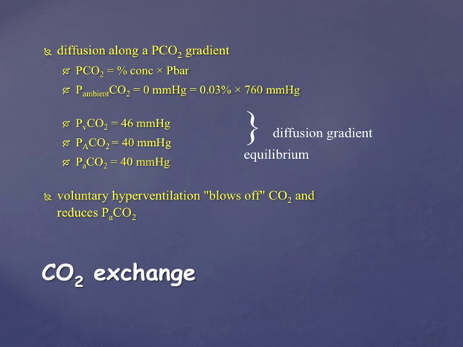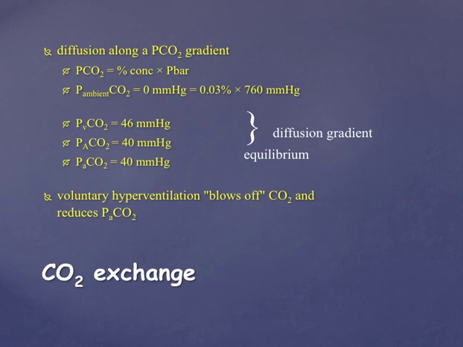Now, look at the diffusion gradient. Huge, from 46 to 0. So carbon dioxide is going to move in large amounts from the blood to the alveolar air, where the partial pressure is 0. And then the PaCO2 will be lower.